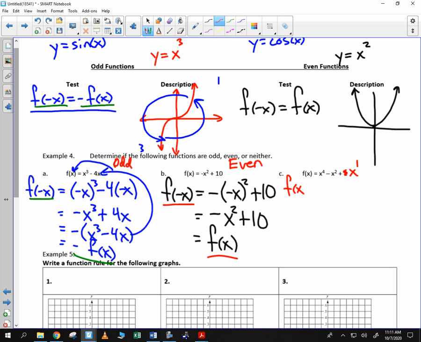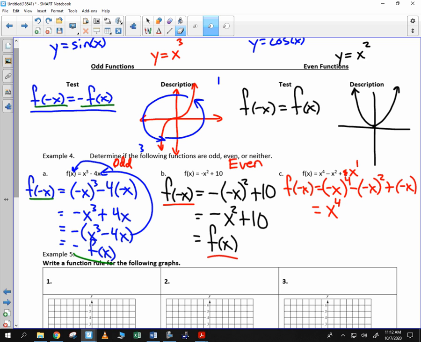Let's confirm that. f of negative x. We get negative x quantity to the fourth minus negative x quantity squared plus negative x. When we use up our exponents there, a negative to the fourth will be positive, so positive x to the fourth, and then, I'm sorry, minus x squared.